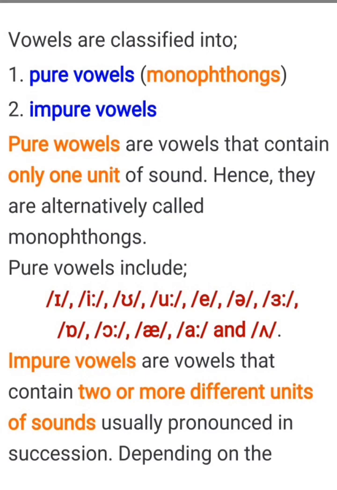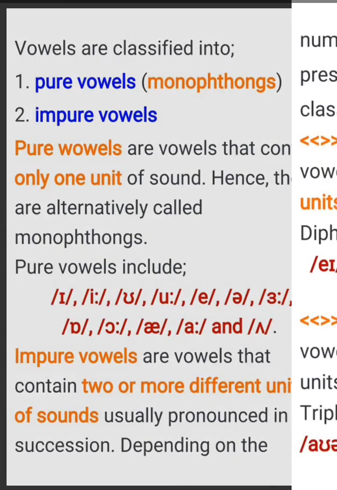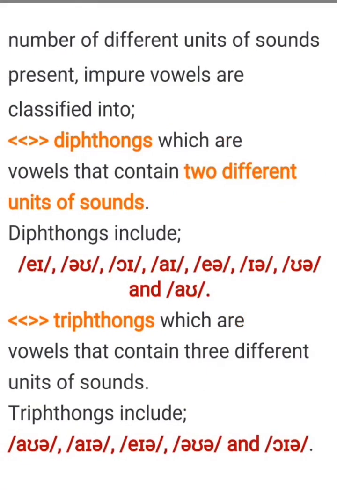Then, depending on the number of different units of sound present, impure vowels are classified into diphthongs, and if you go down, you see the second one, triphthongs. There are two subtypes of impure vowels.